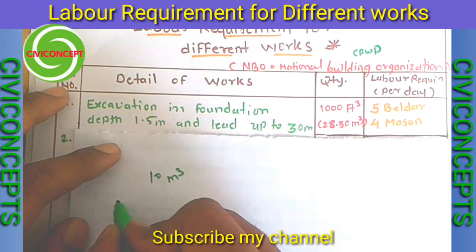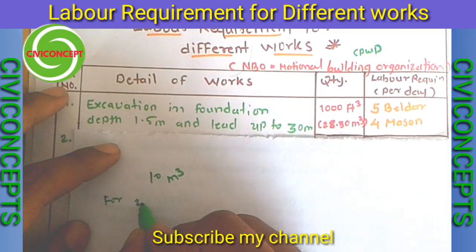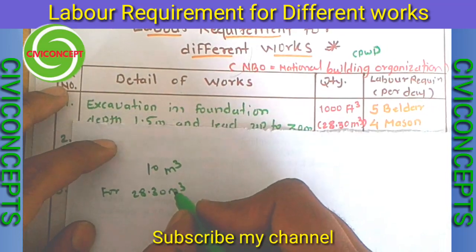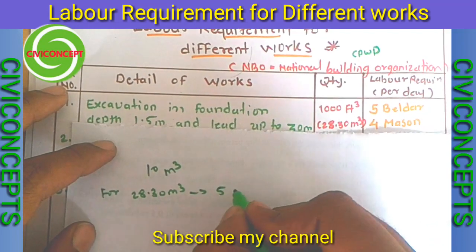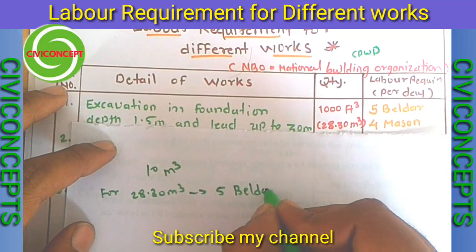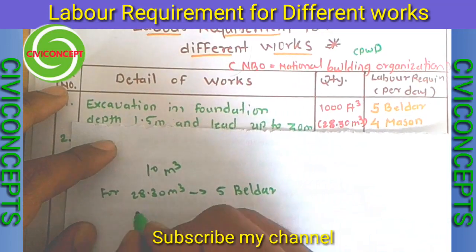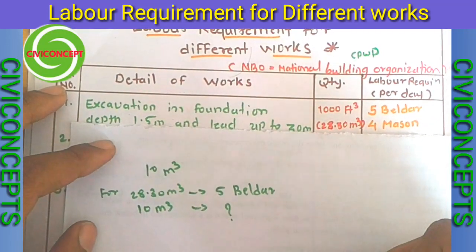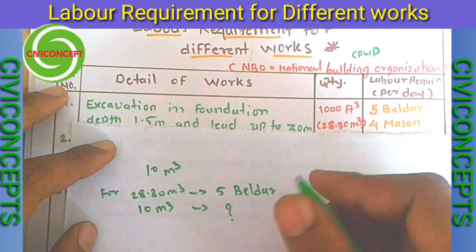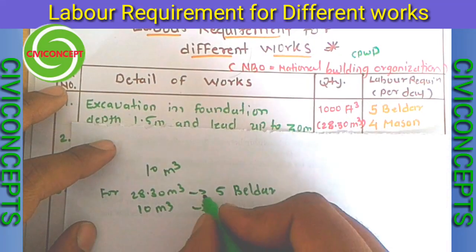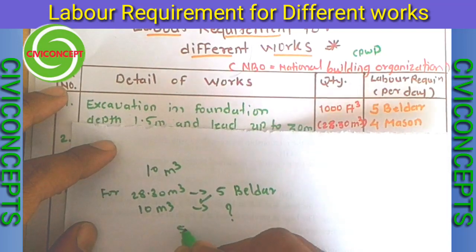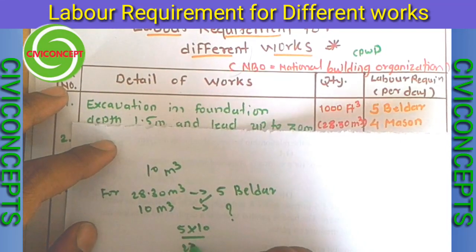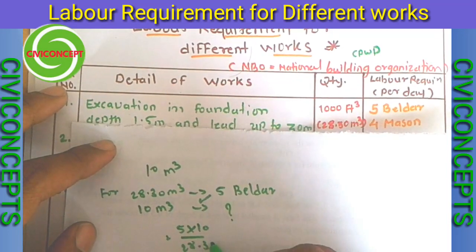So for 28.30 meter cube you require 5 beldar. For 10 meter cube, how many beldar are required? You just have to interpolate that. By cross multiplication, it will be 5 into 10 divided by 28.30.